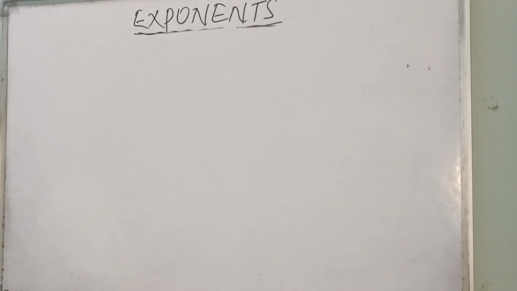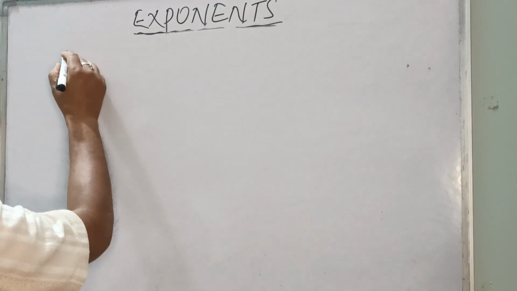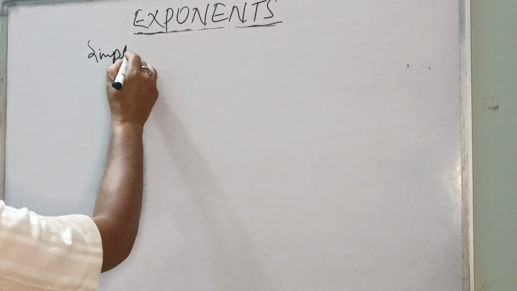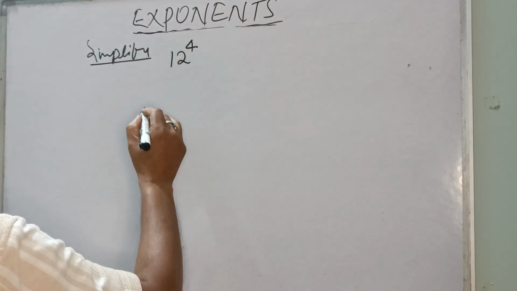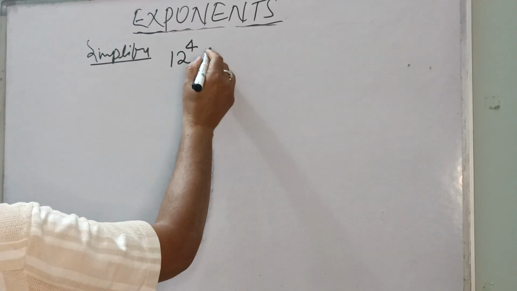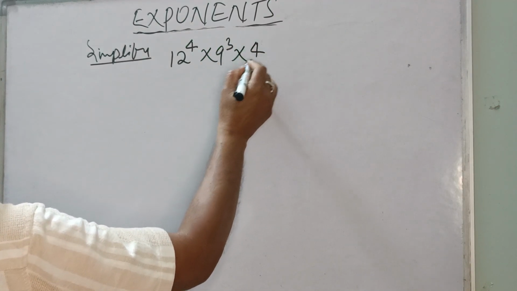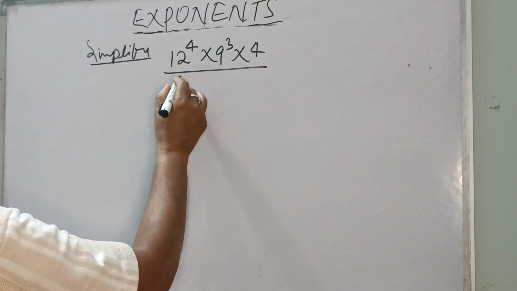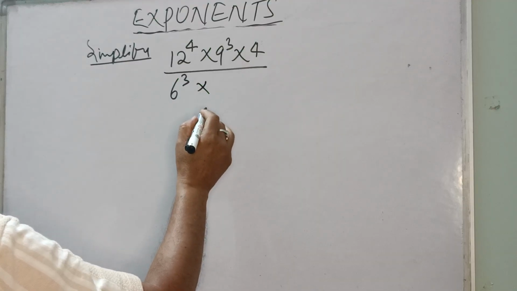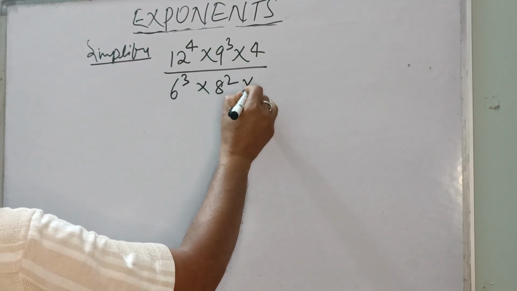Now, the question is: simplify 12 to the power 4 into 9 to the power 3 into 4, divided by 6 to the power 3 into 8 to the power 2 into 27.